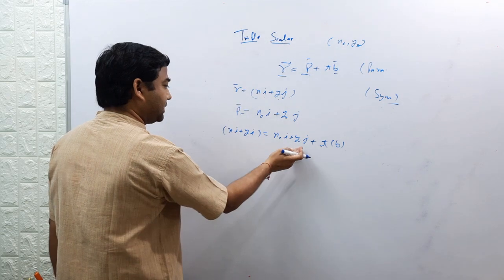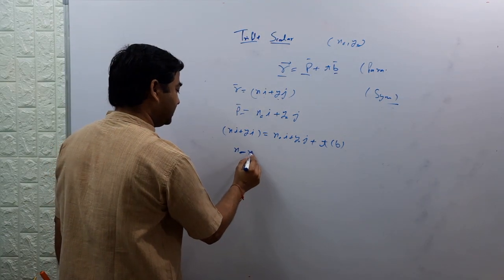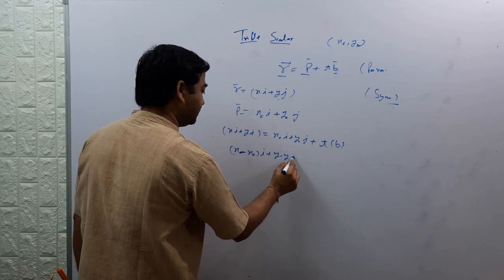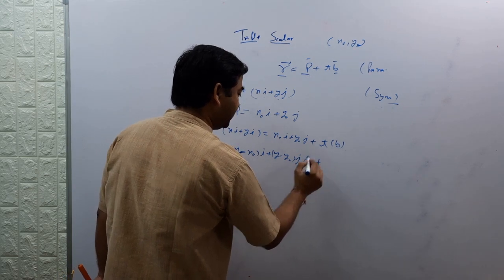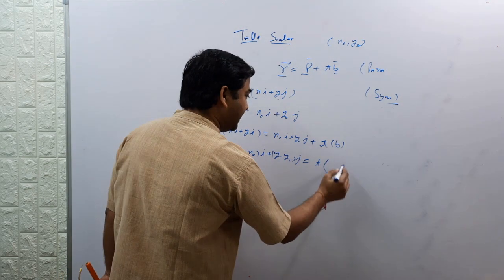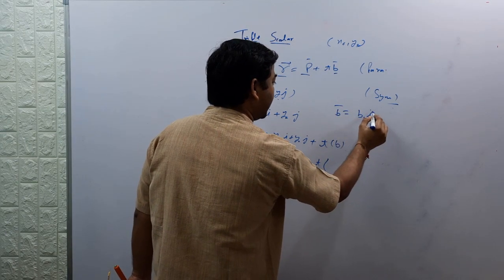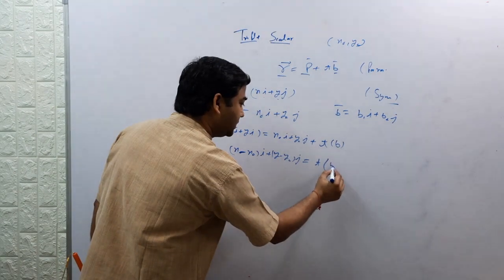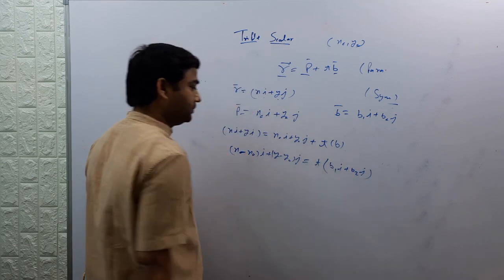Just transfer this to the left side. (x minus x0)i plus (y minus y0)j is equal to t times vector B, and let vector B be v1i plus v2j.